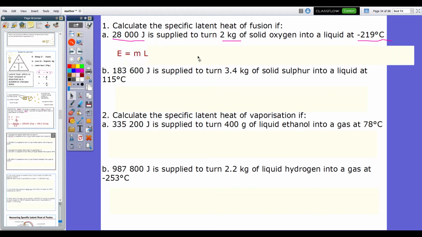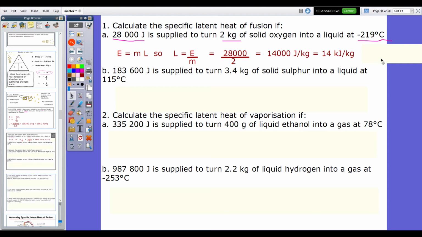Okay, E equals ml, so L equals E over M. Let's put the numbers in. 28,000, there's the energy, divided by 2, and the answer comes out at 14,000 joules per kilogram, or 14 kilojoules per kilogram.